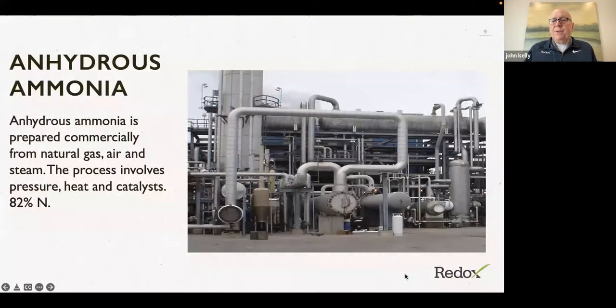And where does conventional, synthetic nitrogen come from? In the early 1900s, just after the turn of the century, two German scientists, Haber and Bosch, perfected a process called the Haber-Bosch process. This involves natural gas, heat, and pressure, and forms anhydrous ammonia.